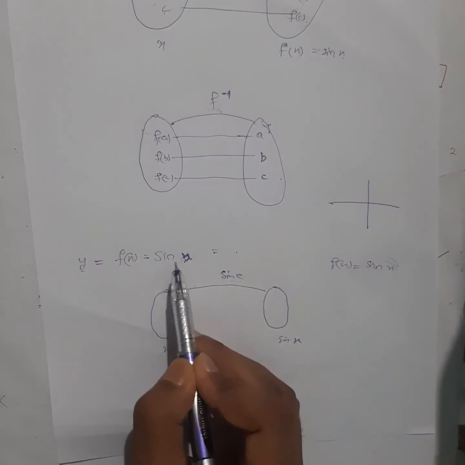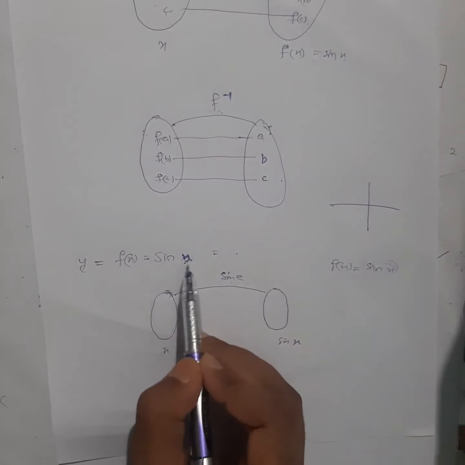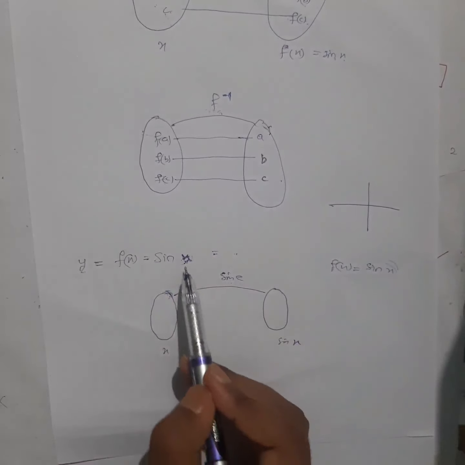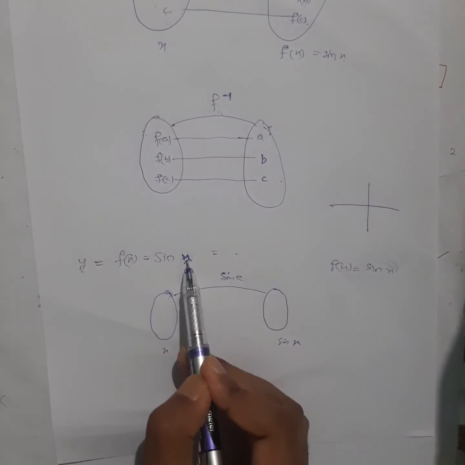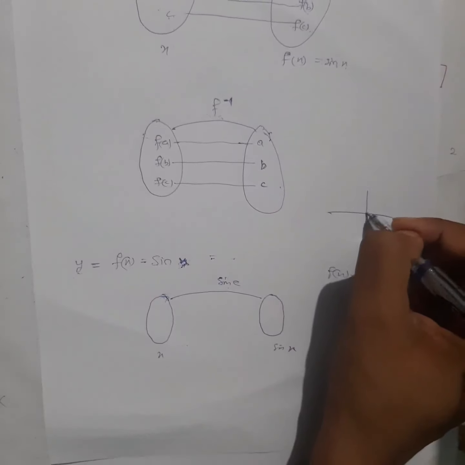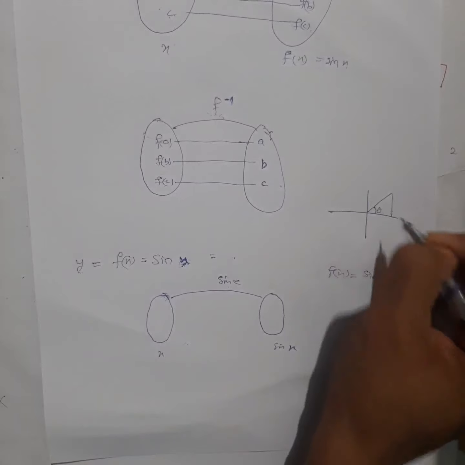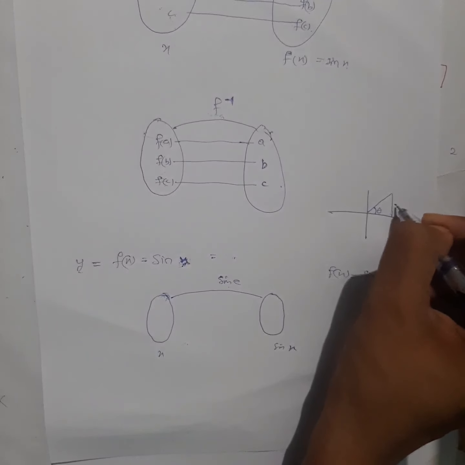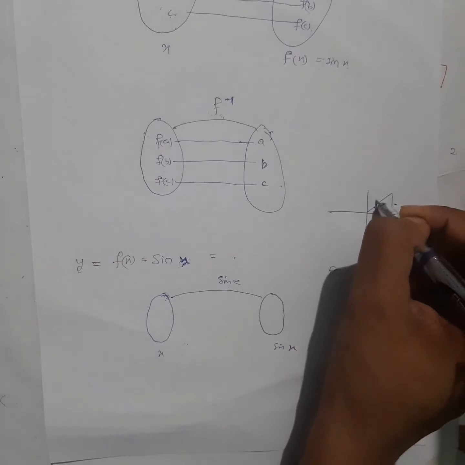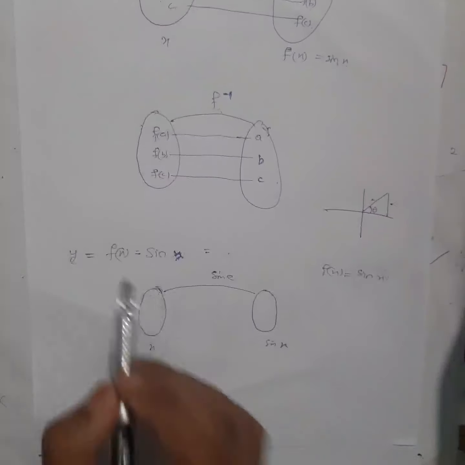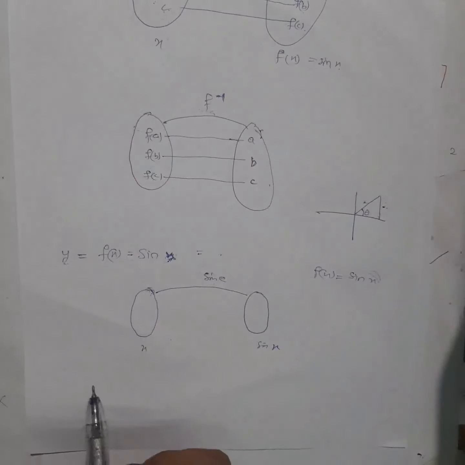Sin x is nothing but the ratio formed in a right angle triangle when this angle is formed in the triangle. For example, whatever this angle is, the ratio between perpendicular and hypotenuse is called sin of x. That was the simple definition.